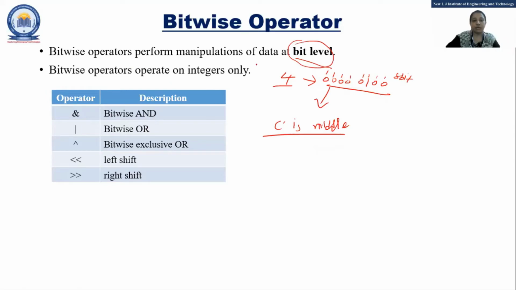So how many types of bitwise operators are there? See, they work only on integers. So this can be asked in an MCQ type of question, right? Chapter 2 is important. There are so many MCQs you can make regarding operators. So bitwise AND, OR, exclusive OR, left shift and right shift. I think you might be knowing this.